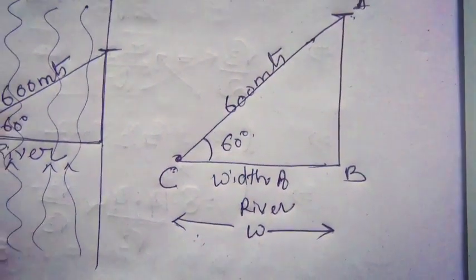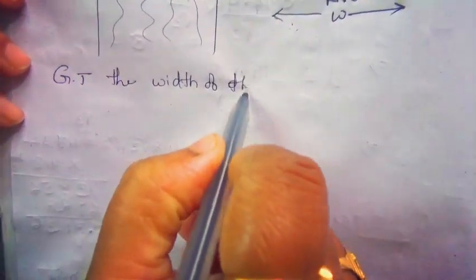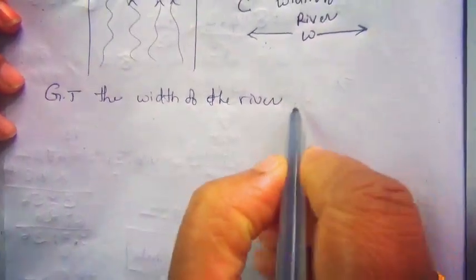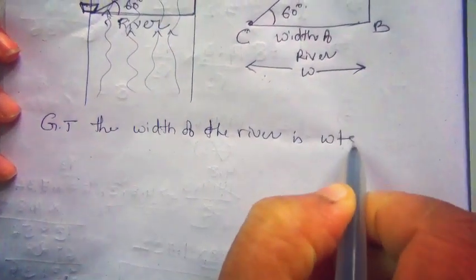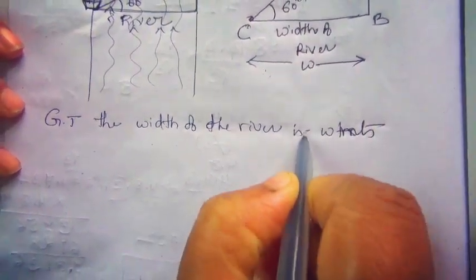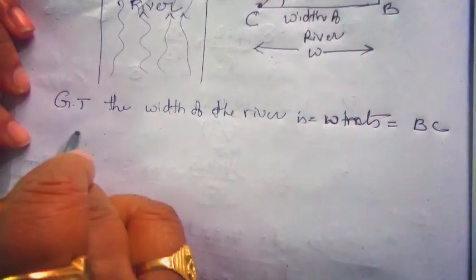Okay, so given that the width of the river is W meters, that is BC, the width of the river.